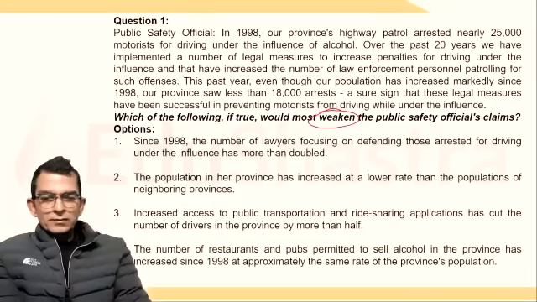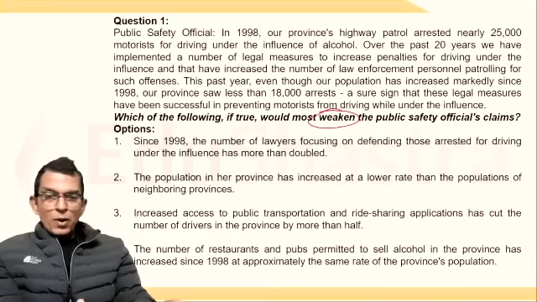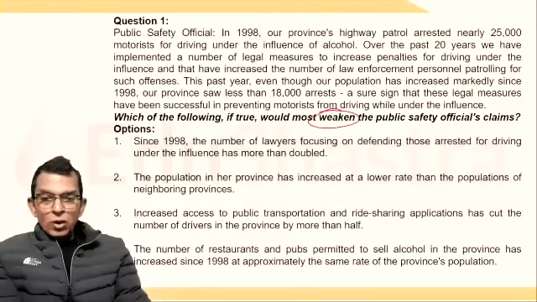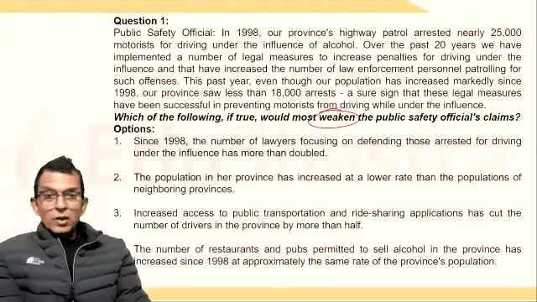Okay. So what has happened? The number of restaurants and pubs permitted to sell alcohol in the province has increased with the population, so people have started drinking more, and still not getting caught, and because of that, the legal measures have brought this down.